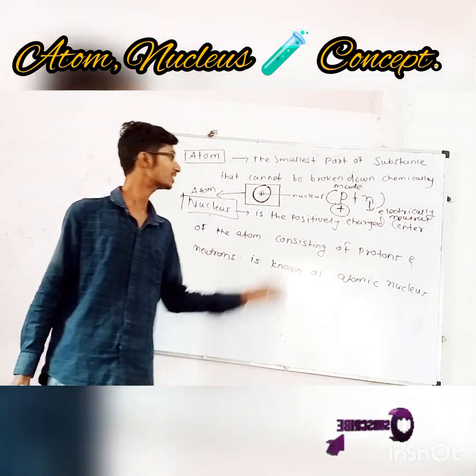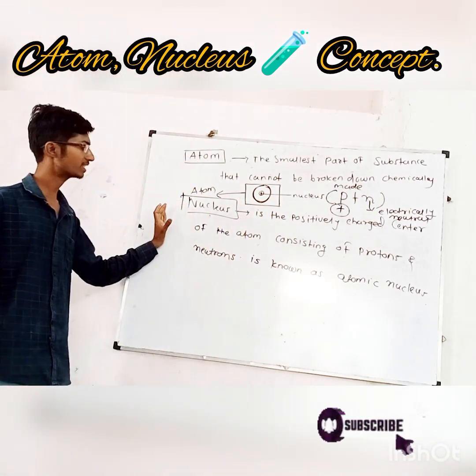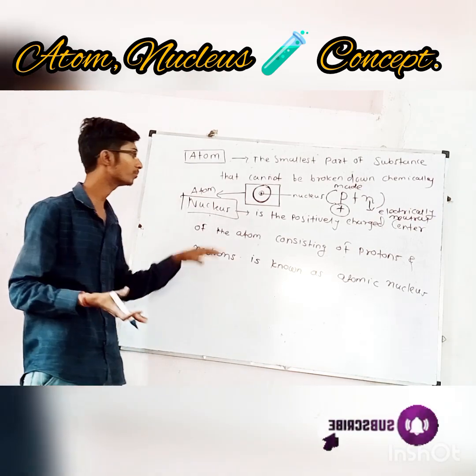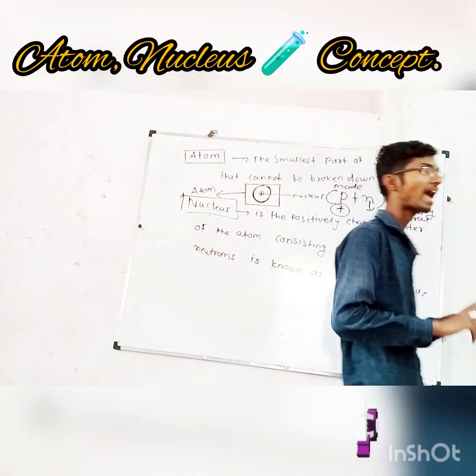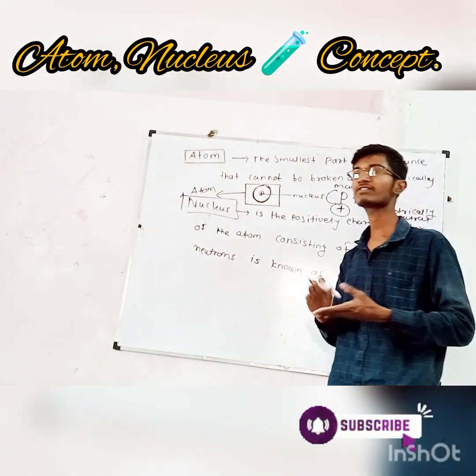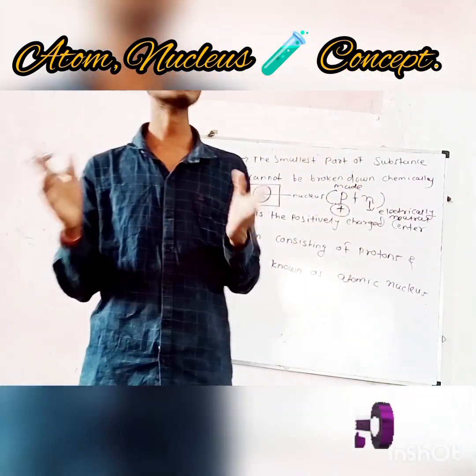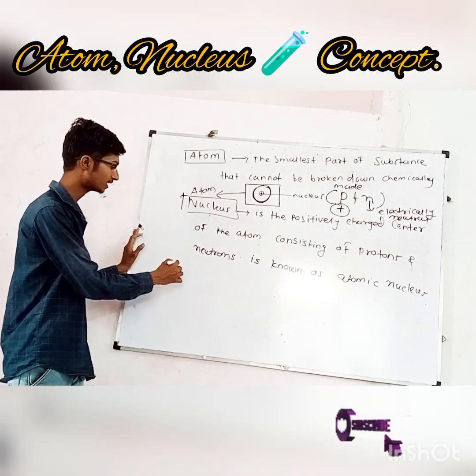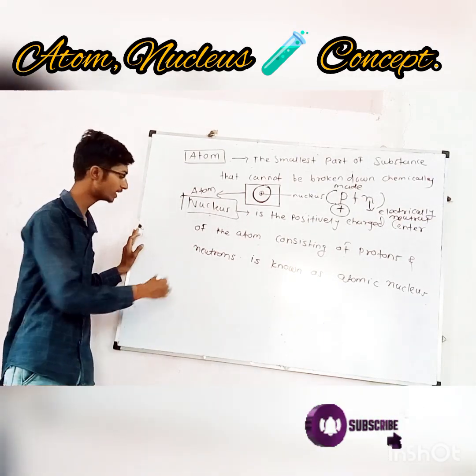This is some basic concept, because in chemistry we have to study the atom, nucleus, protons as well as neutrons, and the extranuclear electrons. Next we have to study the concept of electrons.